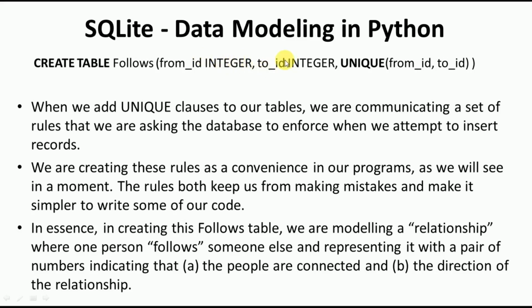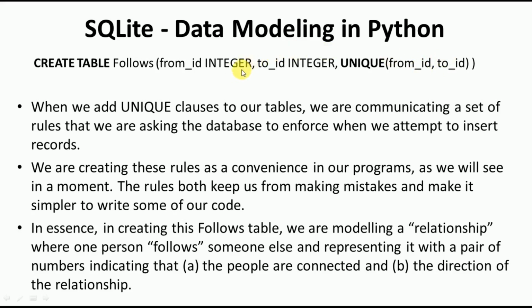If I use string type, definitely it takes more memory. So to avoid that, we can create something called integer IDs. So the friend ID and his friend's ID will be the second one, and together these two, from ID and to ID, will become the unique key of this table.